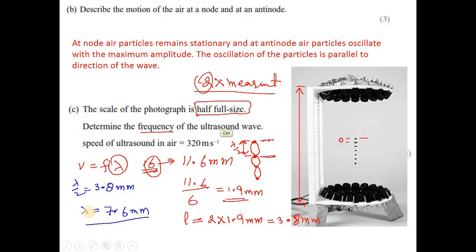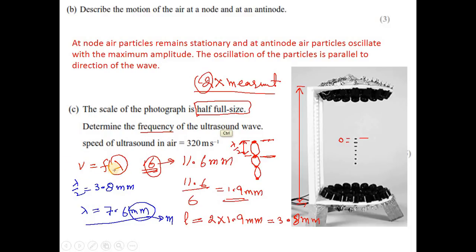Now you can use this λ in your formula. Be careful about the millimeter. Don't forget to change millimeter into meter, okay? Then you can use 7.6 × 10^-3 in place of wavelength, and divide the velocity by it.